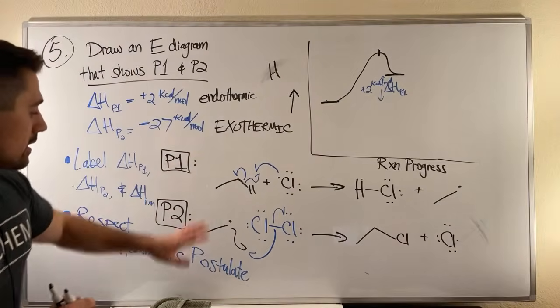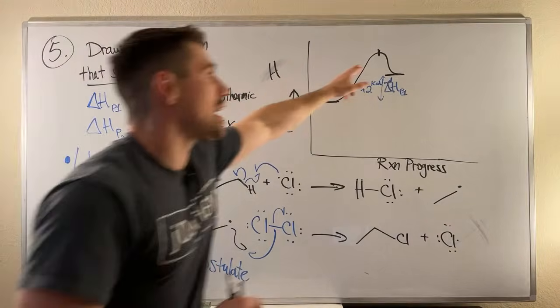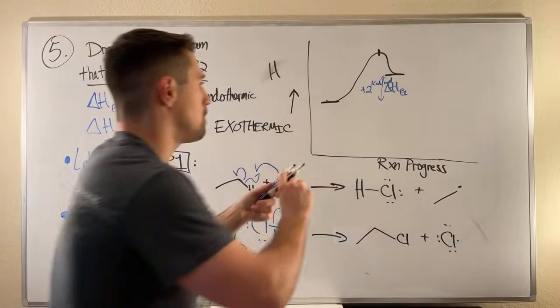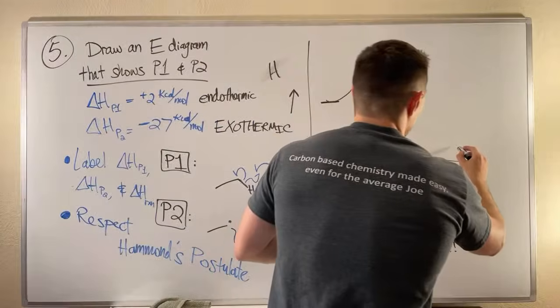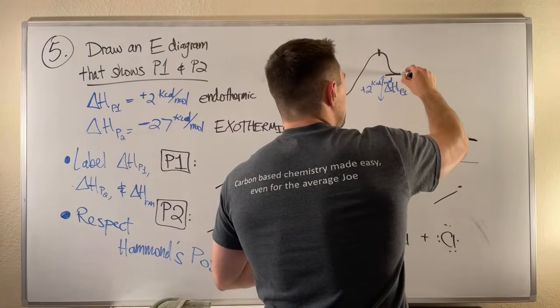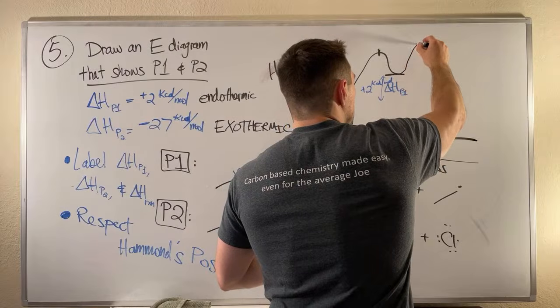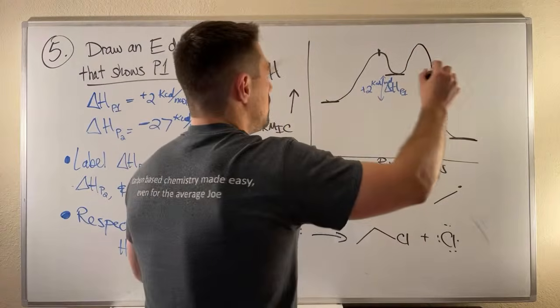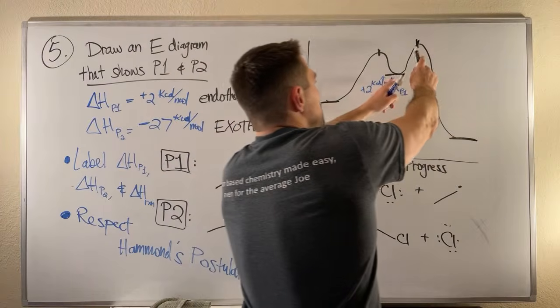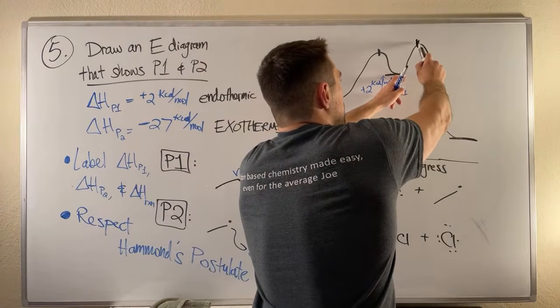Instead of a late transition state, as with endothermic reactions, you're going to have an early transition state with an exothermic reaction. So I know I'm going to end lower. I'm going to do my peak first, and then I end low. As opposed to this being late relative to where we start, this is very nearby relative to where we start.